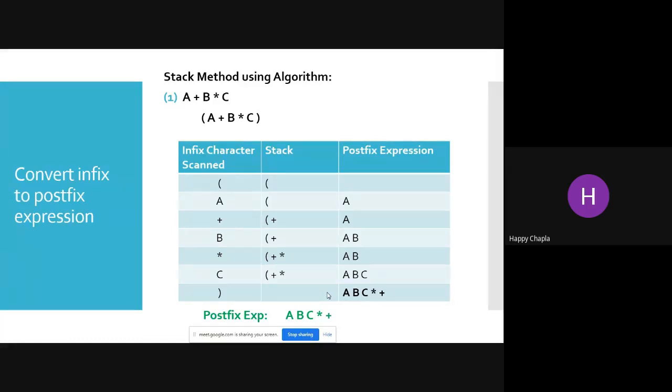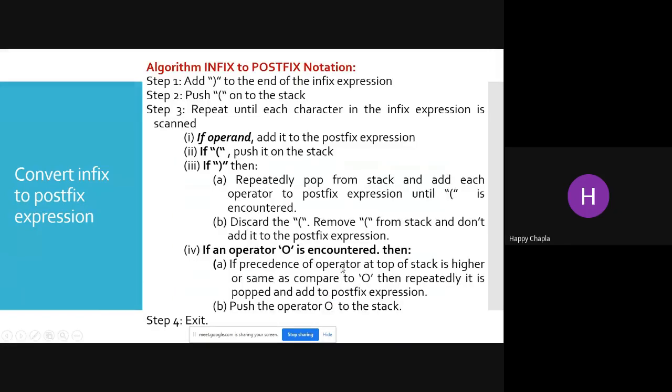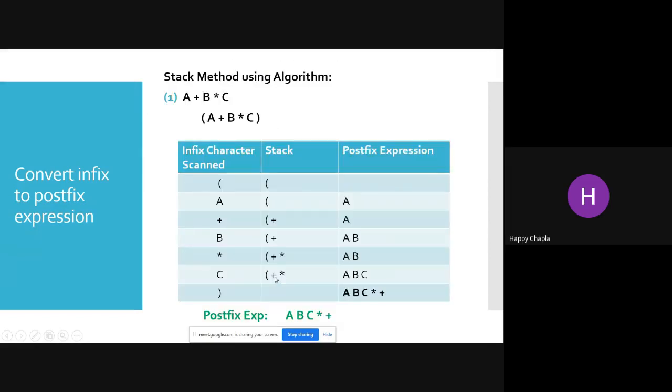So for that, we check the precedence of the operator at the top of the stack. In this case plus is inside my stack, but now I'm encountering the star, so we need to check the precedence of plus and star.